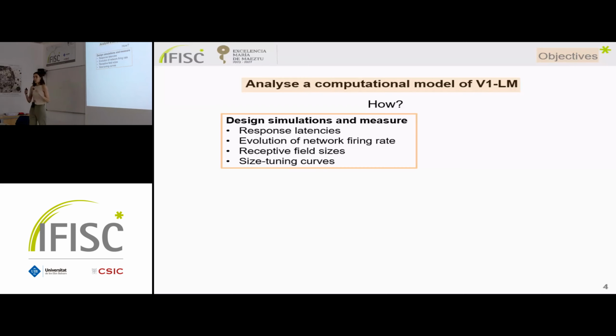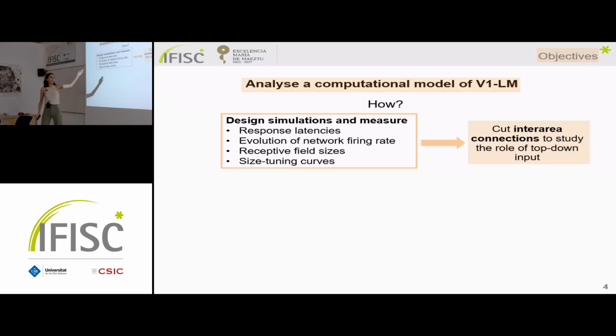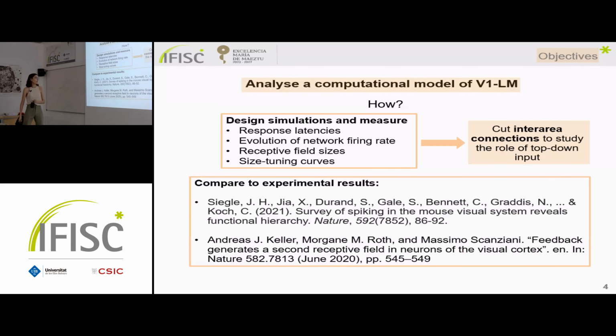In addition, to specifically address the role that top-down input plays in this model, we are going to perform the simulations in the V1LM connected version of the model, and also in a disconnected version where we cut inter-area connections, to study the difference between these two models. We will also compare our results with experimental results from mice, mainly from these two papers from Siegle and Keller.